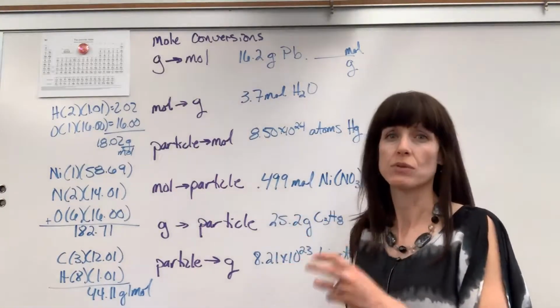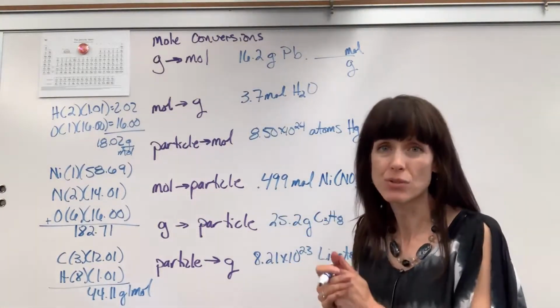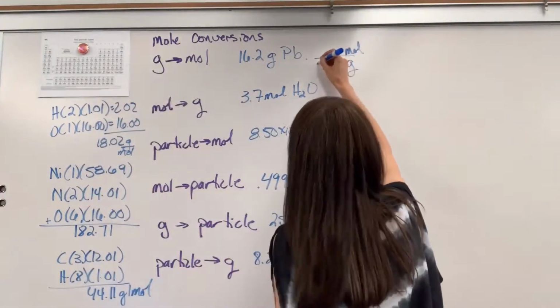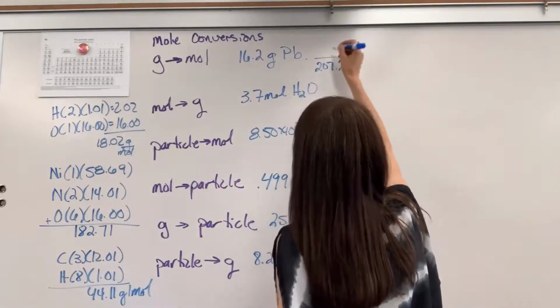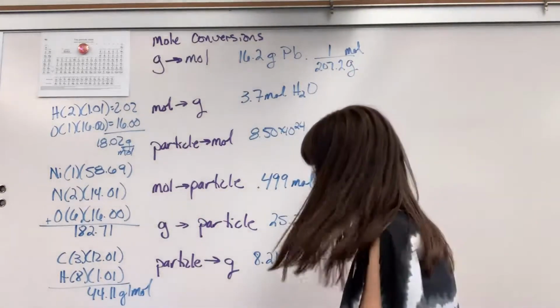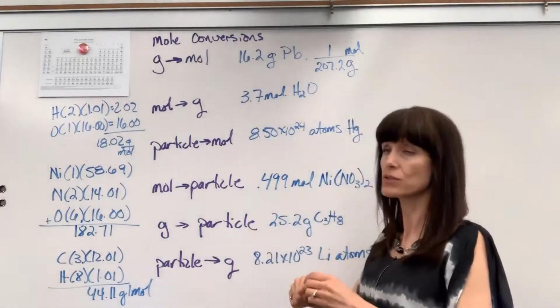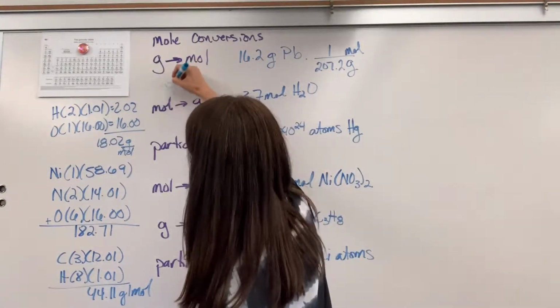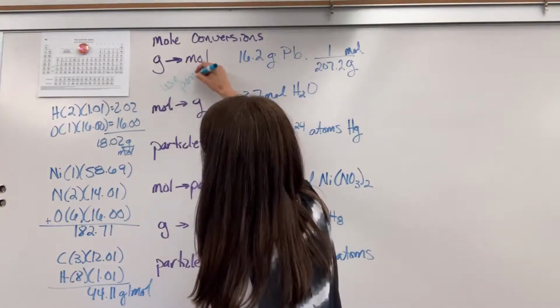Whenever you're converting between grams and moles, you have to use the periodic table. So I find lead right here, and that is 207.2 grams in 1 mole. If you're taking notes, write this down: whenever you use gram and mole, use the periodic table.